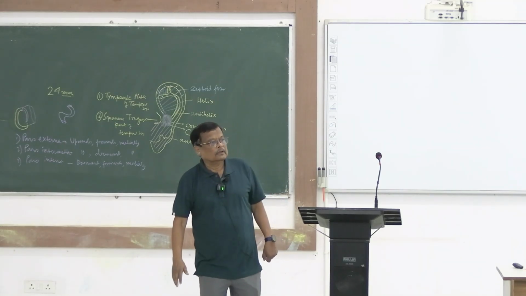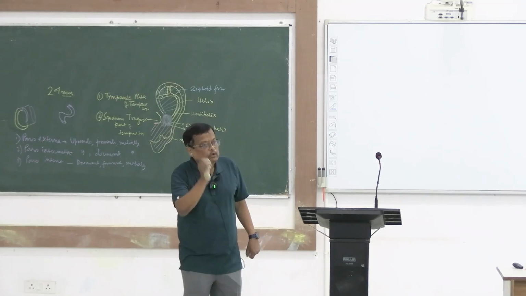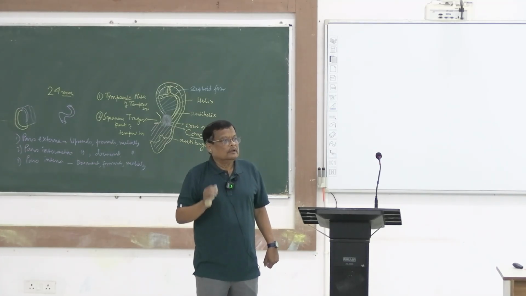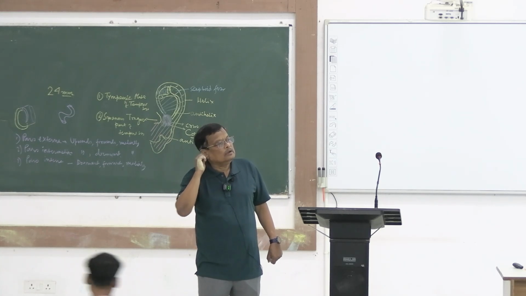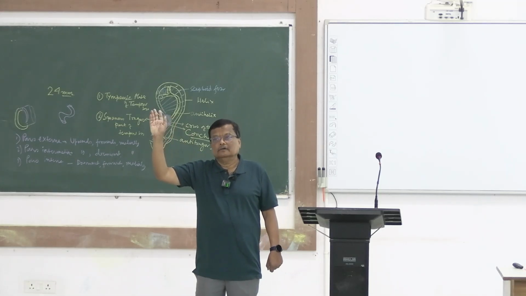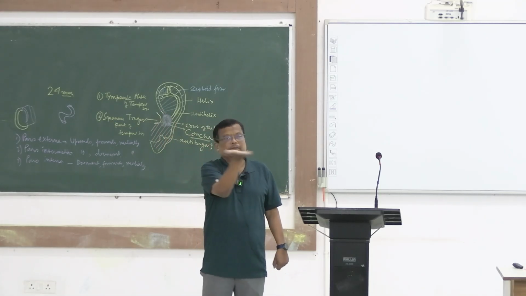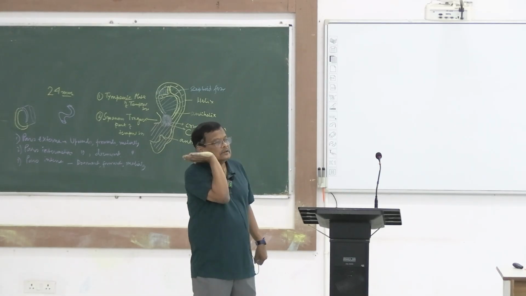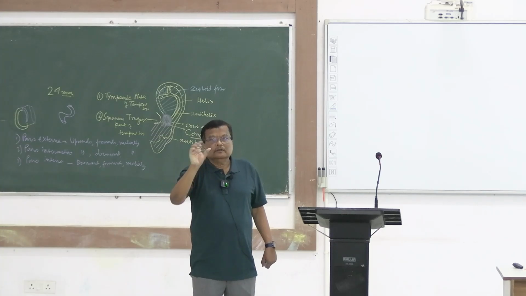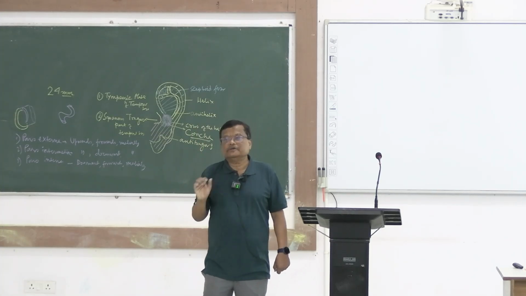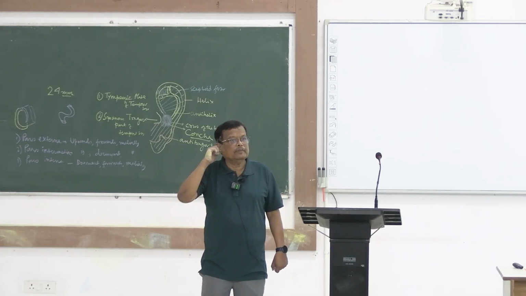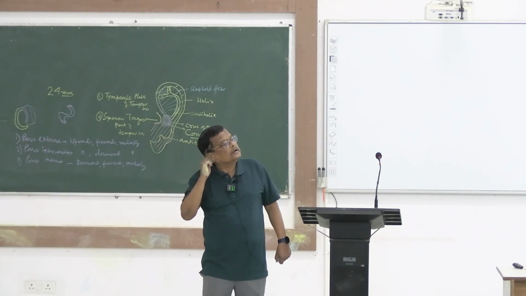So to view the tympanic membrane of a child, the external ear will be pulled downwards and backwards, not upwards, backwards and laterally. The children's tympanic membrane is horizontally placed, ours is like this, the children's like this, and there is no such curvature present like in adults. So to view the tympanic membrane of a child, it is pulled downwards and backwards.